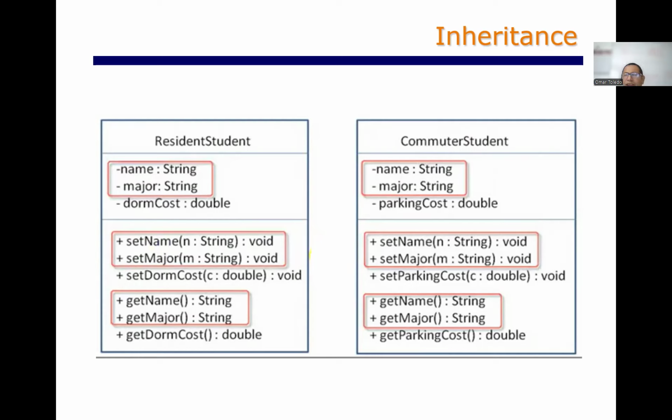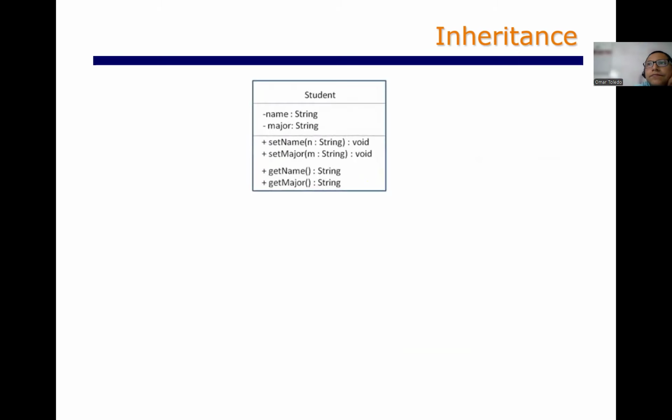So instead of repeating the code in the class resident student and repeating similar code in commuter student, what about this? A general class, something that has the common characteristics, the common attributes and methods.